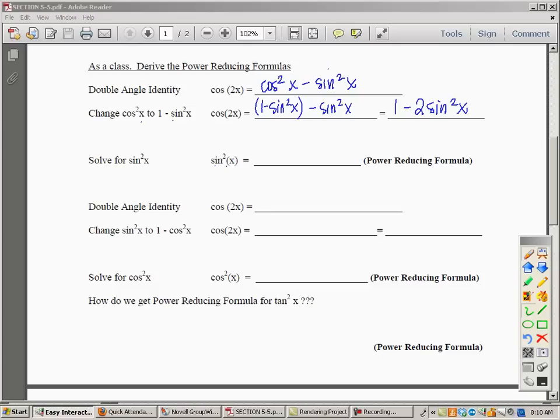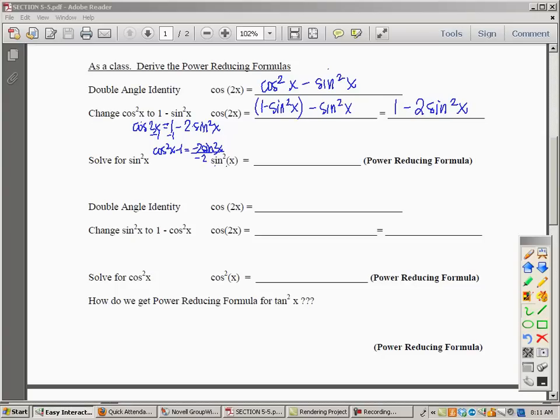Okay, this is the first idea. What we're going to do now is take this equation and we're going to solve it for sine squared. So I have the double angle for cosine equals 1 minus 2 times the sine squared. So I'm going to start solving. First, subtract 1. Cosine of 2x minus 1 is negative 2 sine squared.